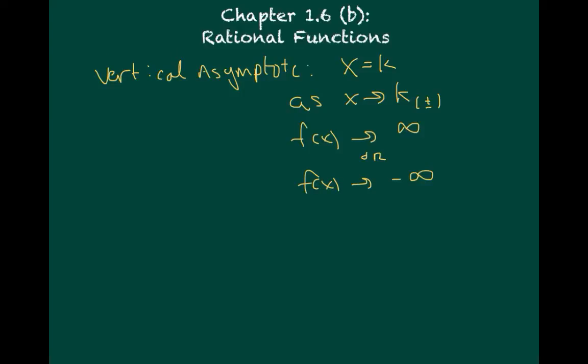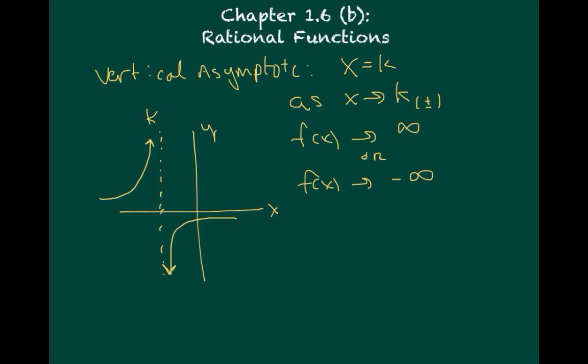So let's get a picture of what that looks like. You have a graph, and there's your x-axis and your y-axis, and you could have some vertical line that we'll call k, and that would serve as a vertical asymptote if the function approaches infinity as x gets closer to that line, x equals k. Those are two really important definitions. Make sure they're in your notes.